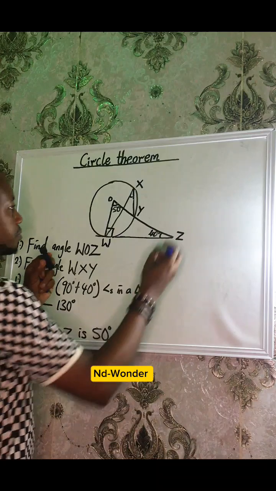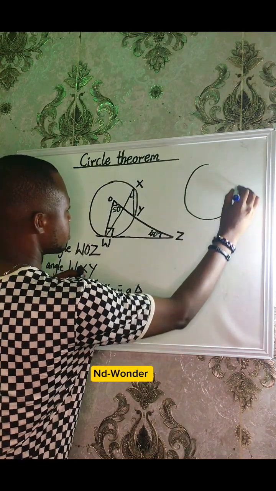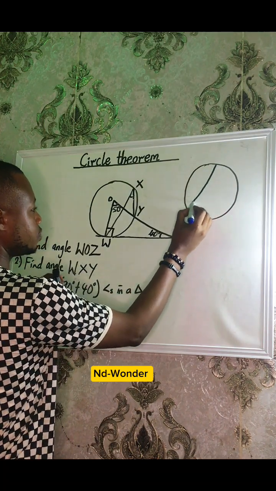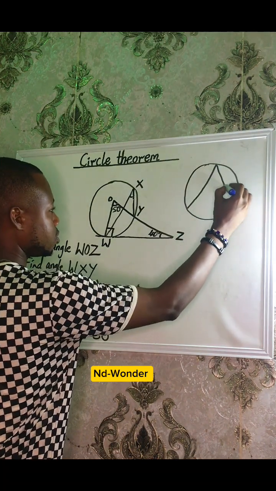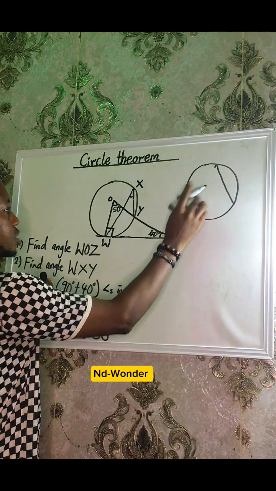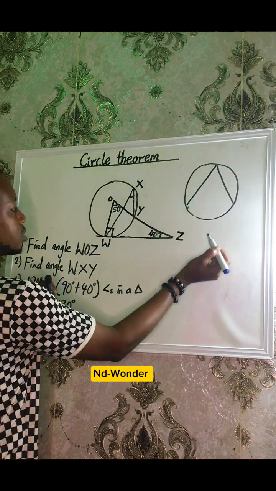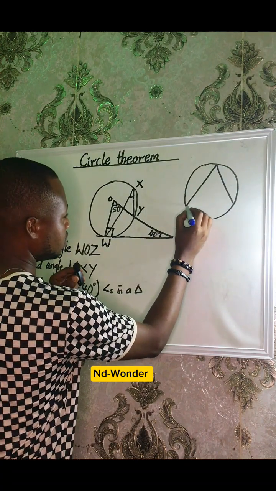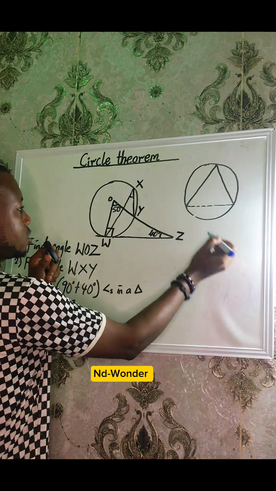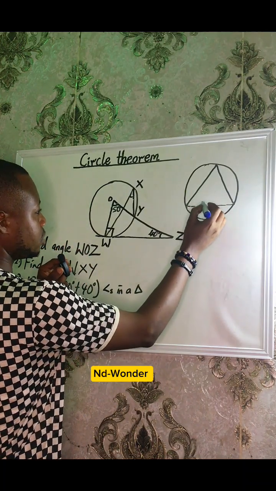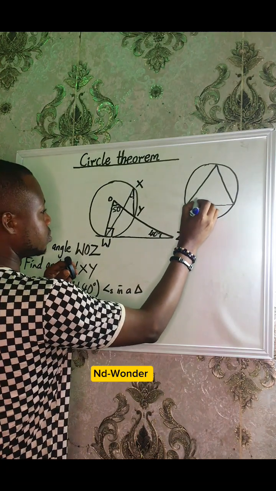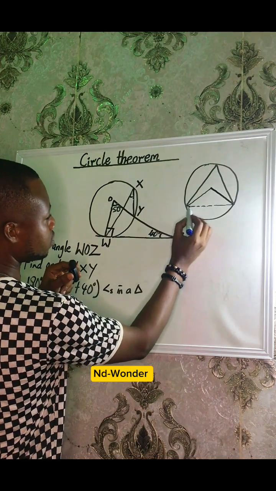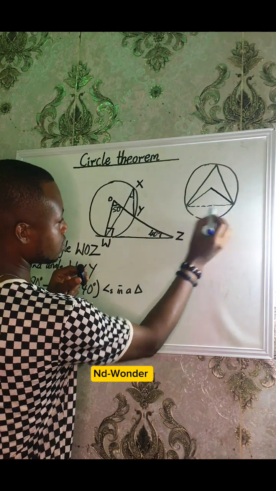Let me explain it better. Let's take, for instance, this is a circle. We have a triangle of this nature. Don't mind my drawing. Let me make it a bit straight. Touching this part. And this is a chord. So if I have any other triangle, you discover that these two triangles are subtended by this chord.